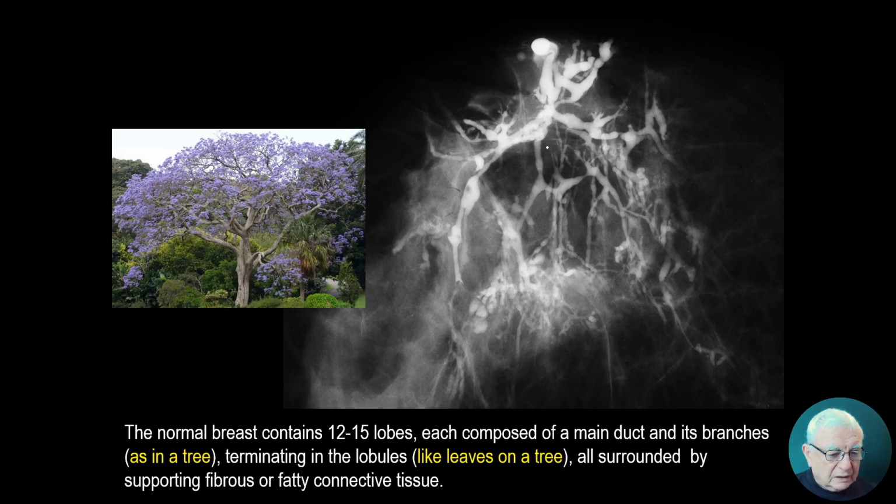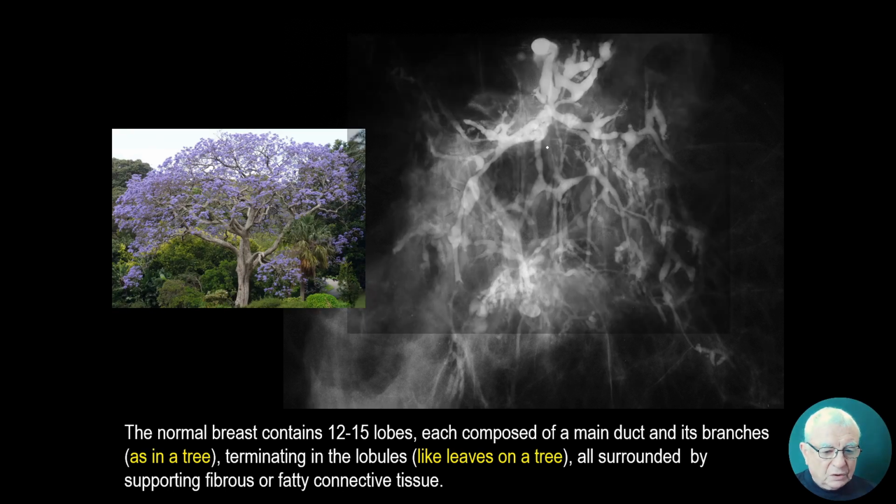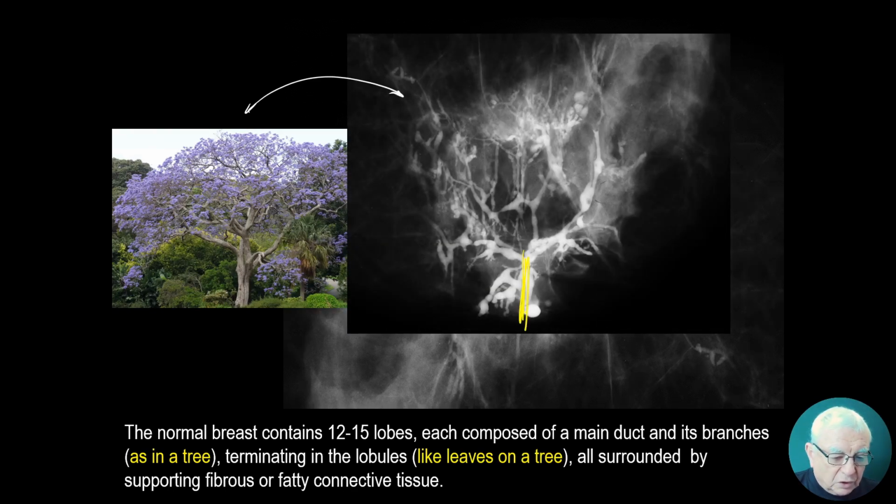Using modern technique, contrast medium, I can show you the same thing. The trunk of the tree, the main lactiferous duct. And we are going to realize that there are indeed branches, but that's not too many. What the tree has many of is the thousands of leaves the female breast needs, the milk-producing terminal ductal lobular units.